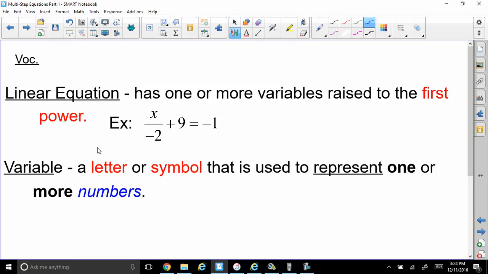We are interested in linear equations. Linear means line, so when we talk about linear, we're talking about a line when you draw the picture. We'll graph it a little later on.